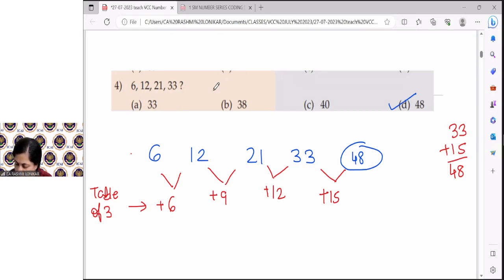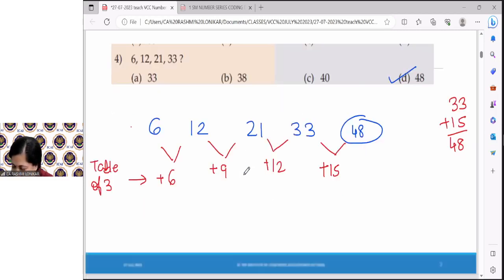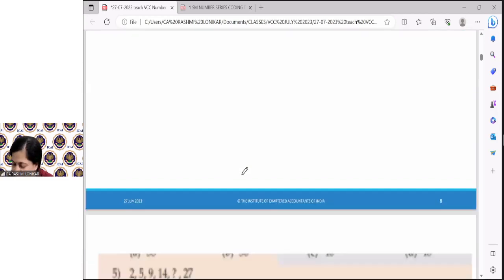Palak, not 33, 31, Prajakta. Yeah, I know. That's why I've told the answer is this way. Clear? Yes, Reet, now you're clear? Yes, Kushi. Okay, Tanvi is saying clear, Sakshi is saying clear.